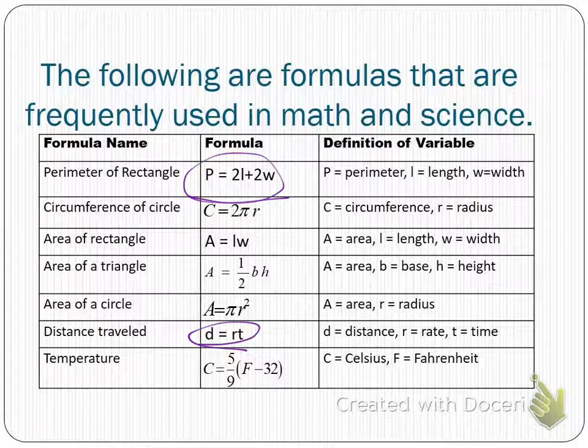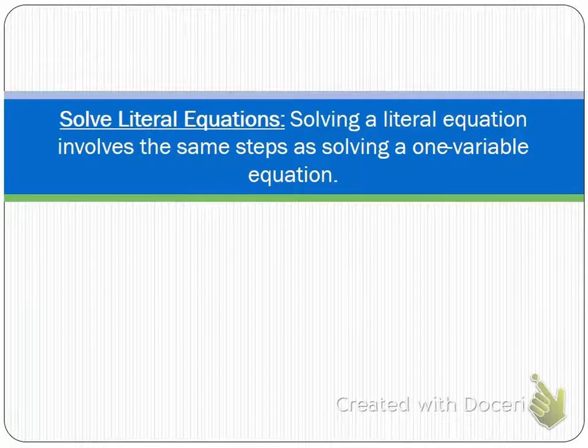So those are some of the formulas that we'll work with, and we'll talk about solving for one of those particular variables in there. Sometimes you're going to want to do that. Okay, that's what we're going to get into now.